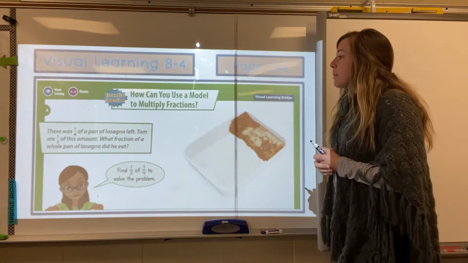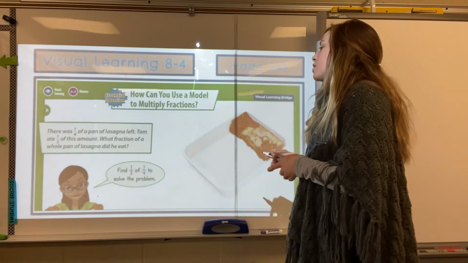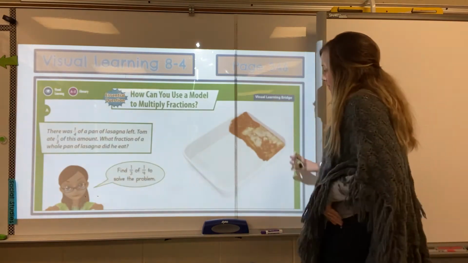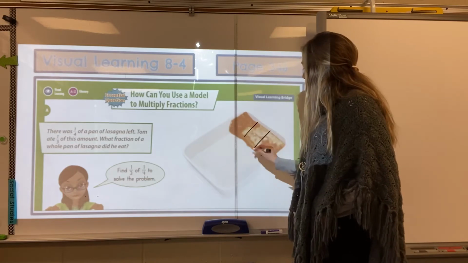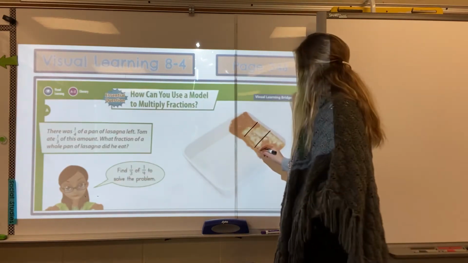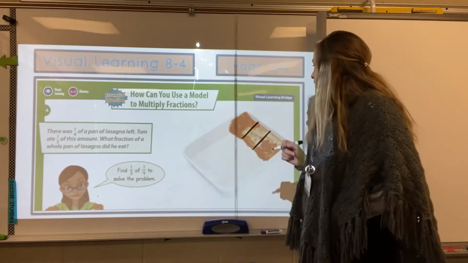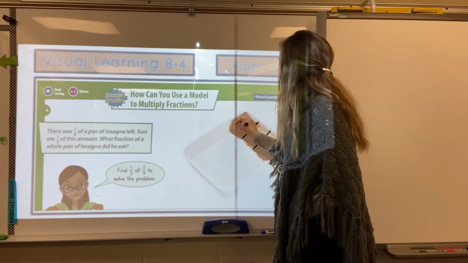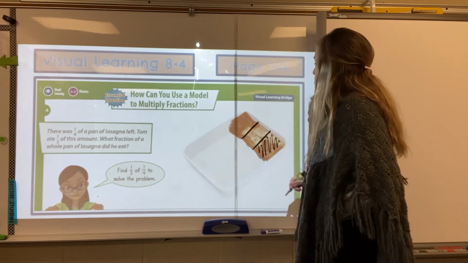There was 1/4 a pan of lasagna left. Tom ate 1/3 of this amount. What fraction of the whole pan of lasagna did he eat? So we've got a pan of lasagna here, and if I split what they have left, he's going to eat this section right here.